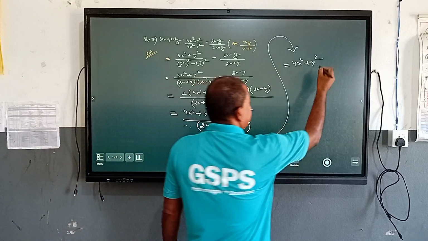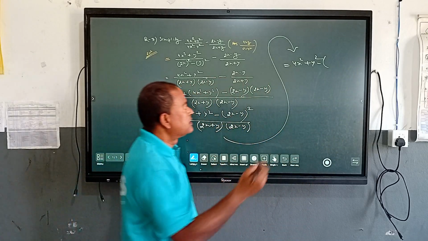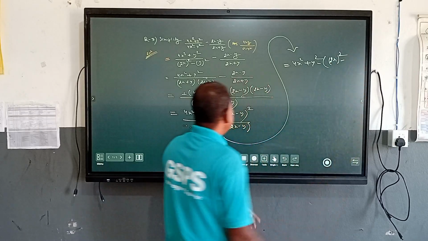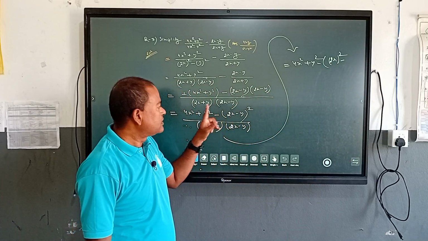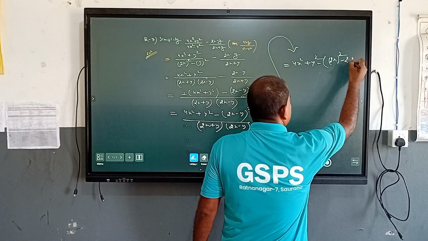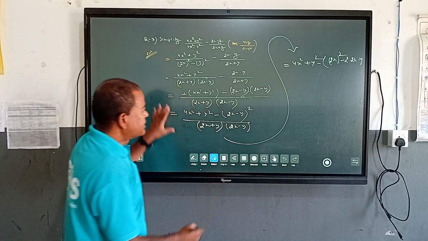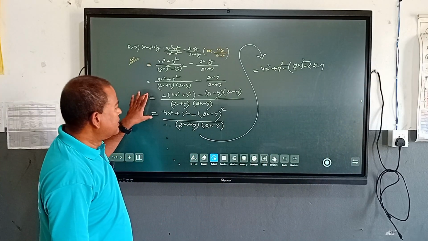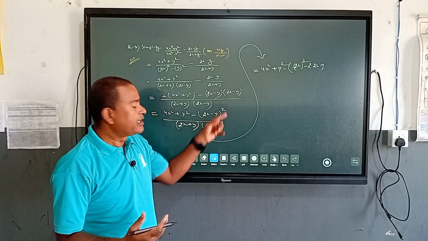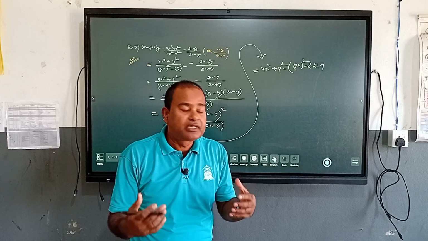then we get a square. A square means 2x whole square. So 2x whole square minus 2ab means 2 times 2x and y. Dear students, so we have used the formula of a minus b whole square to expand the expression 2x minus y whole square.